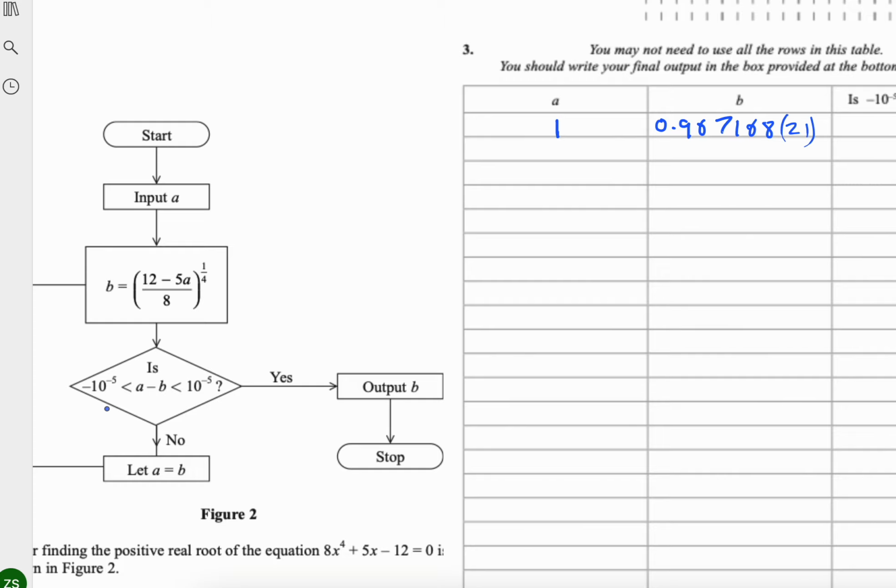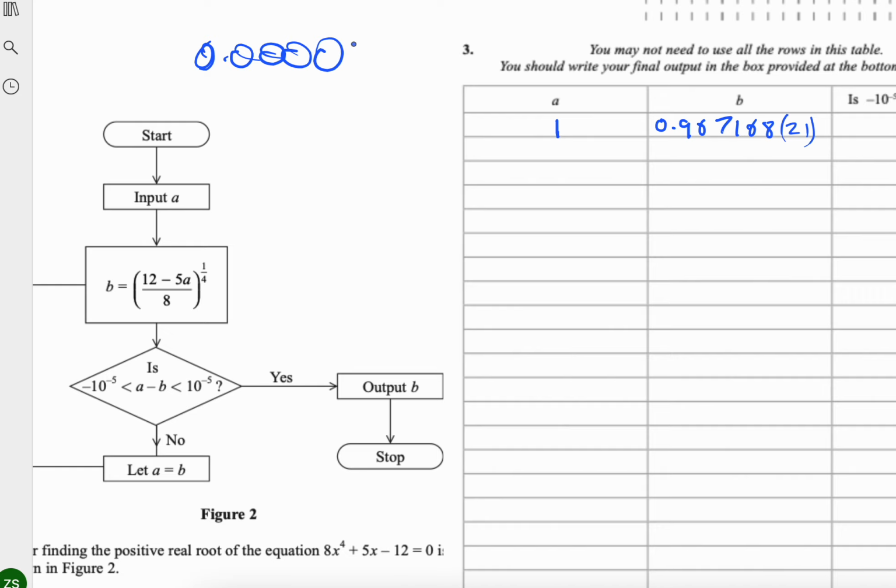Now, is the difference between A and B between negative and positive 10 to the minus 5? So you subtract the two of them. A minus B is 0.03. It's not particularly small, and we want that to be really, really small. So what we're saying is, is the difference between A and B less than that?